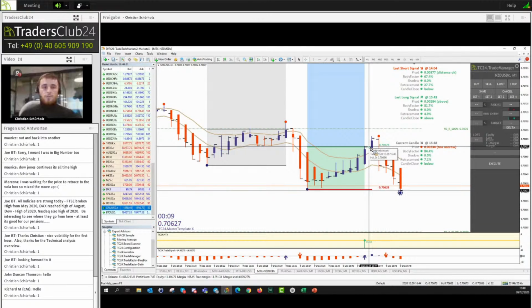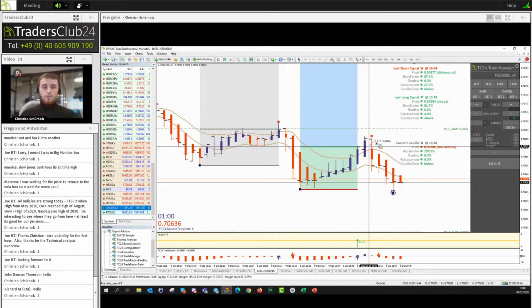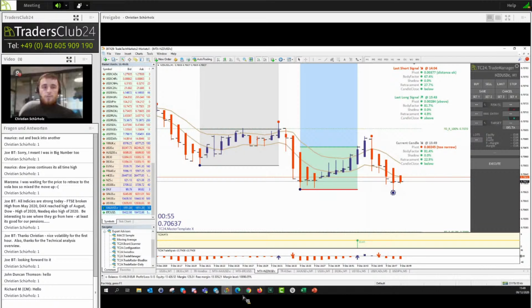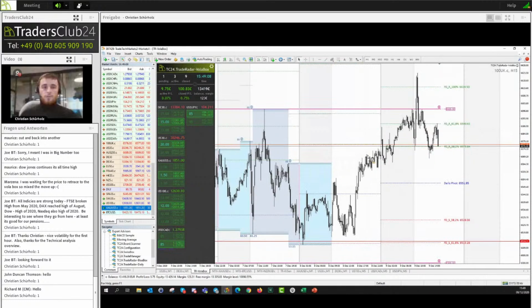So from this end to that candle there, 48. So you needed 4.8 pips to get out. Win some, you lose some, guys. That's how it goes. No big problem.